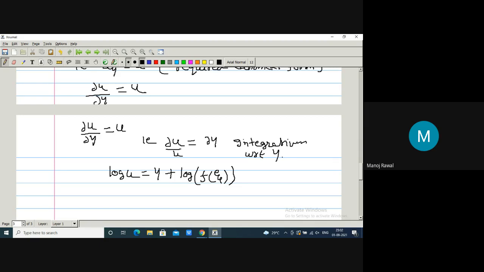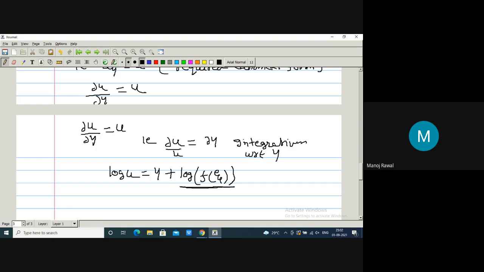If you are integrating with respect to eta, then the other independent variable will be treated as a constant. Whatever you do in partial differentiation, the same you will be doing with respect to integration also. So function of xi is going to be the constant. Please tell me, have you understood this step or not? Function of xi is going to be constant.